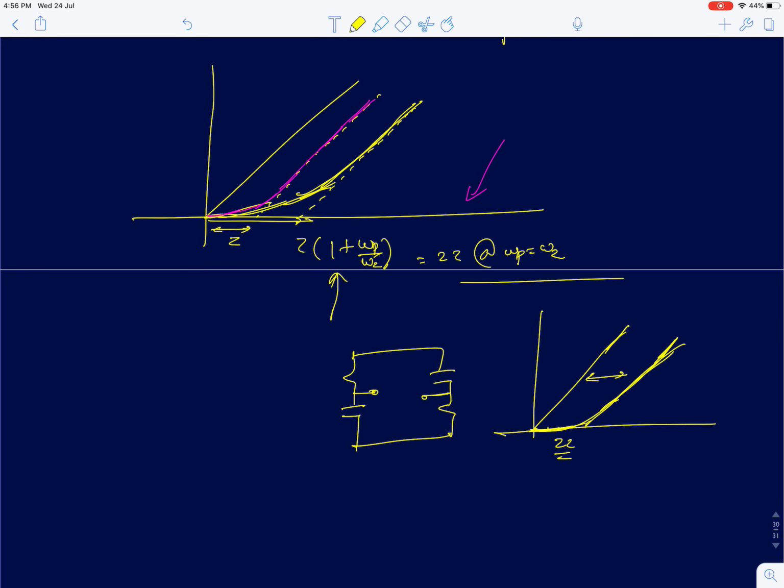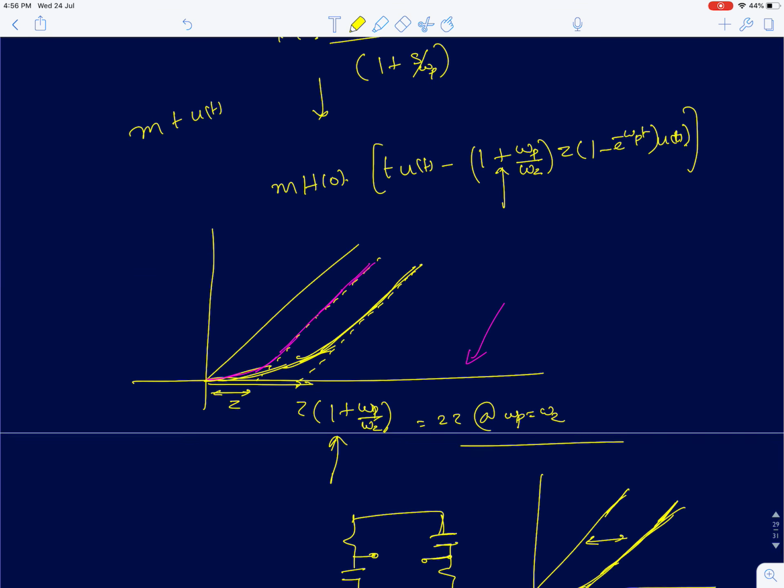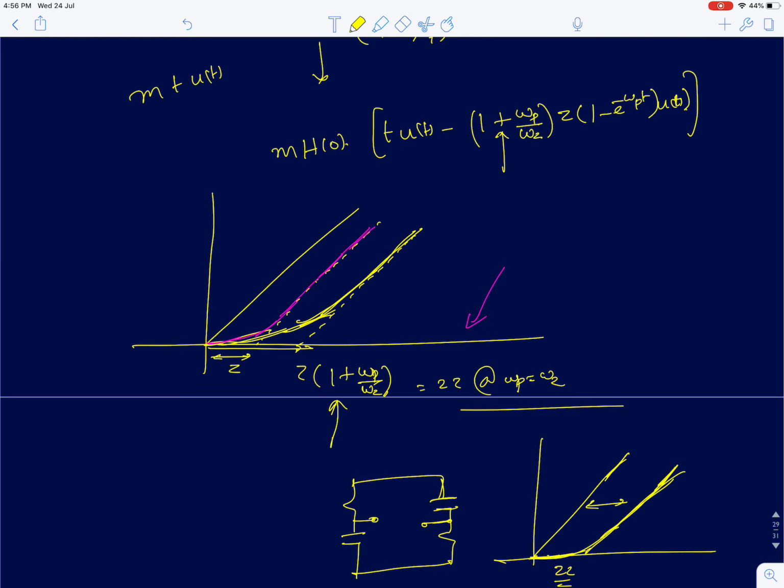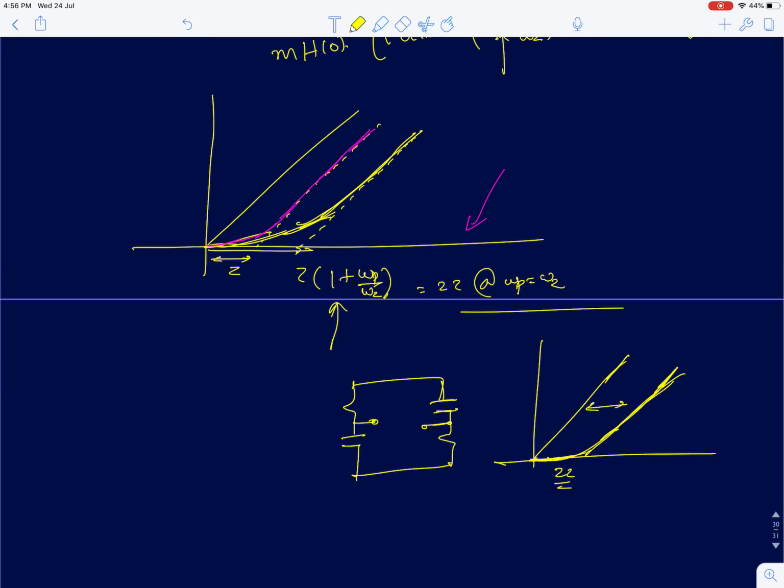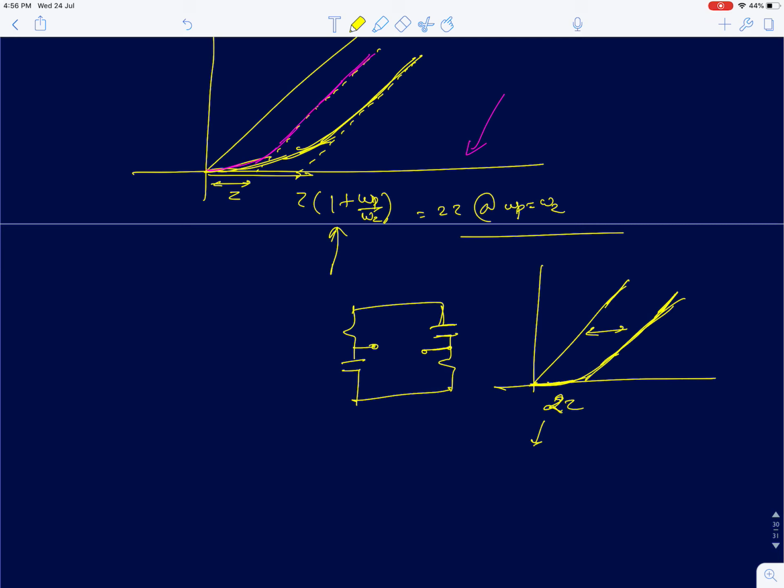Okay, there is a slight difference though. The slight difference is at t equal to 0. For the previous systems, meaning a simple low pass filter, let me compare it with a first order system with a time constant of 2 tau.